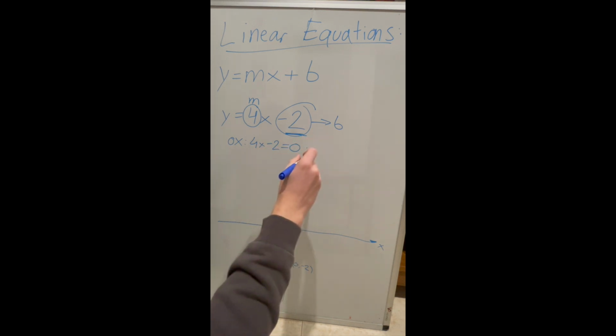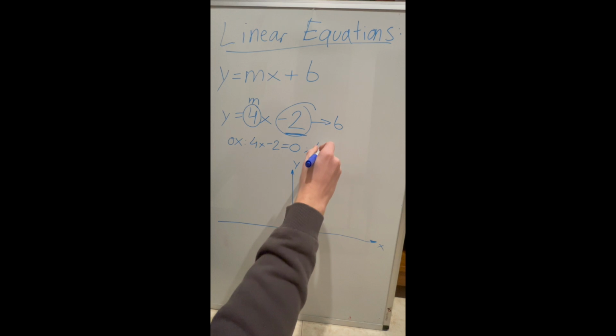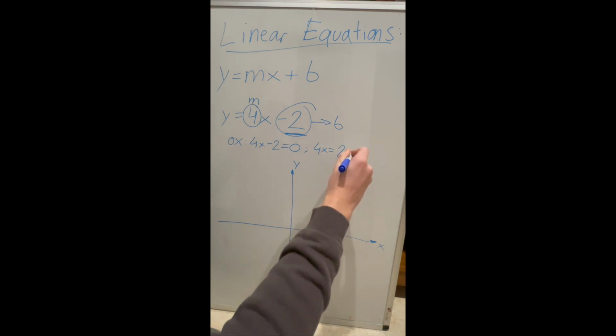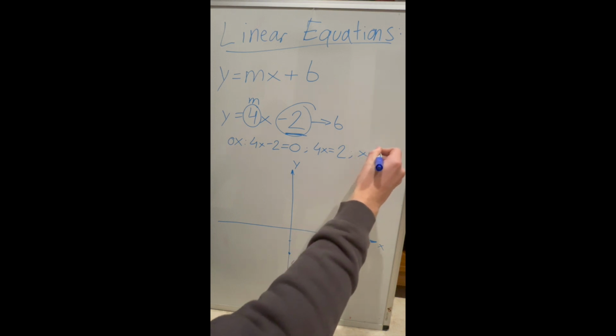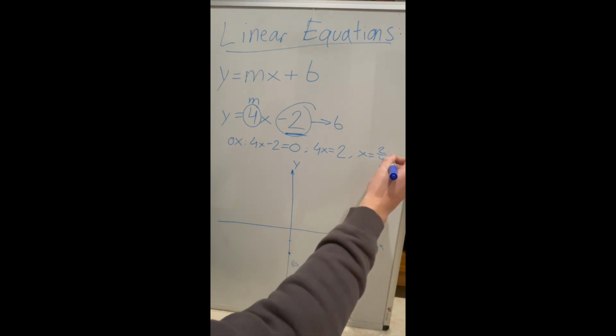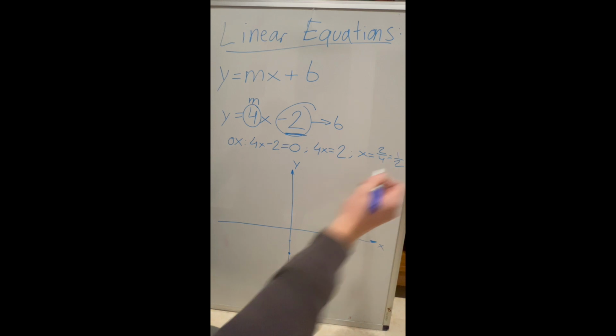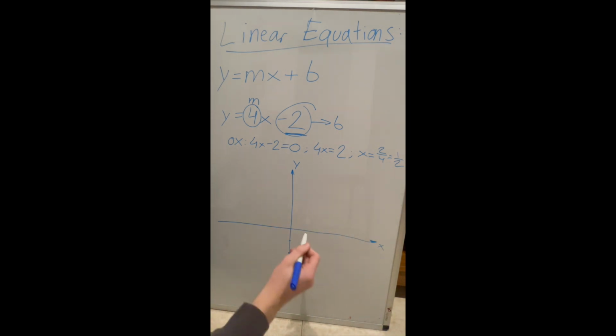We can move the 2 to the other side. 4x equals 2. And now we can pass the 4 dividing on the other side. X equals 2/4 or 1/2. So our point is on x equals 1/2, which is about here. This point is 1/2, 0.